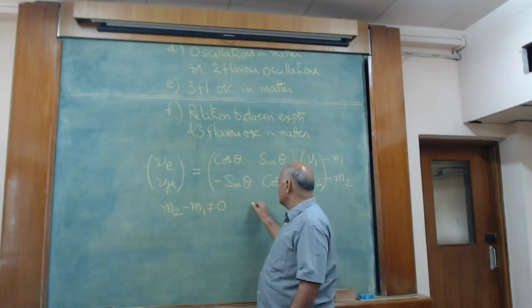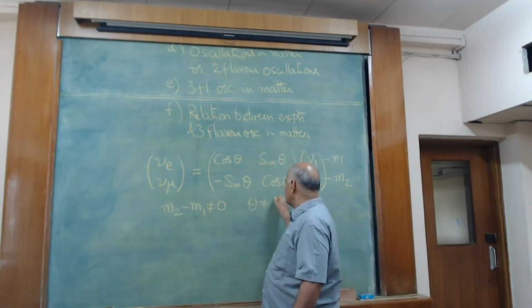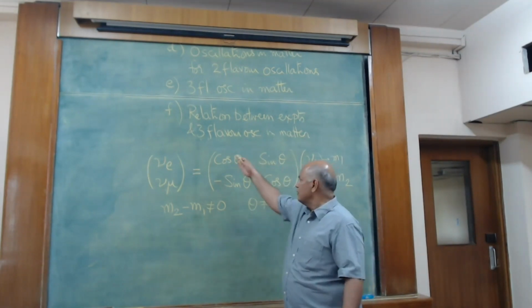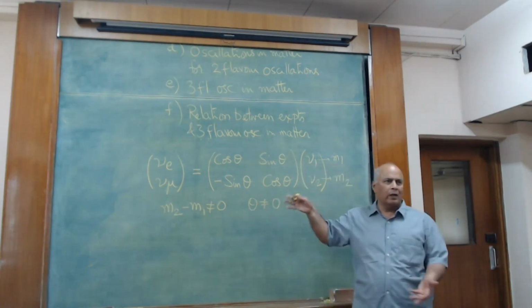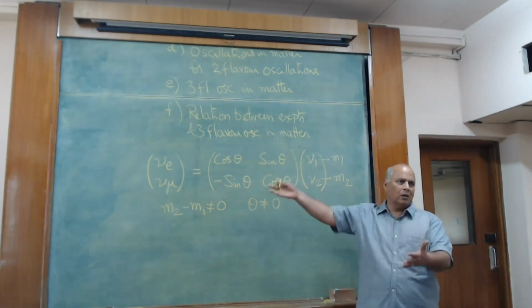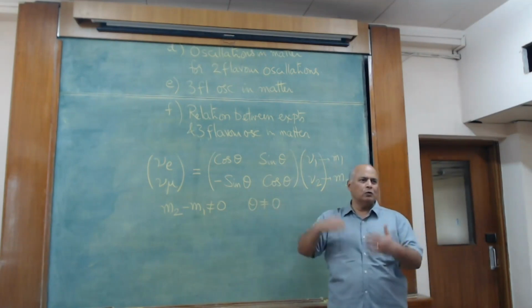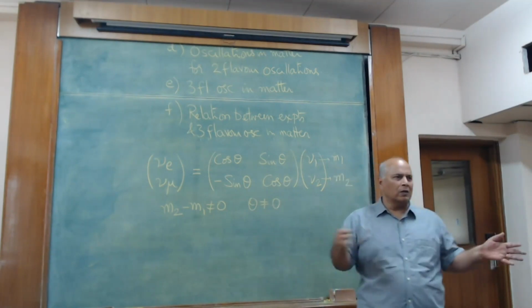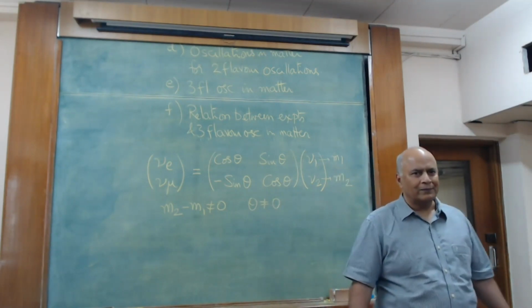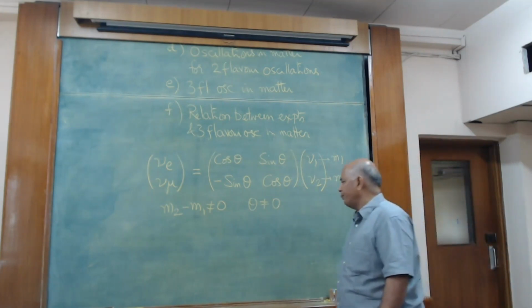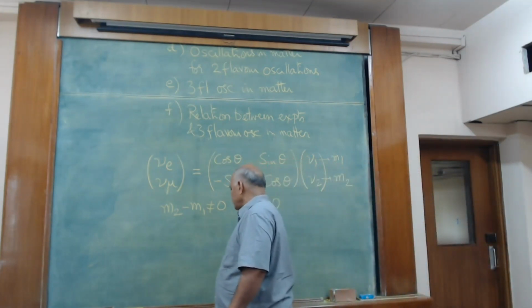And of course, theta is not equal to 0, because if theta equals 0, this is an identity matrix, and so nu e has mass m1, nu mu has mass m2, nothing more to talk about.